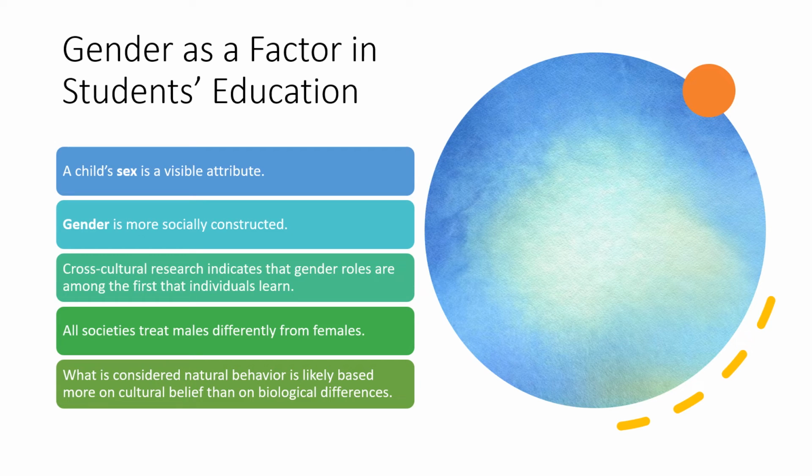It therefore follows that what is considered natural behavior is likely based more on cultural belief than on biological differences. So the question we're trying to get at here is, do little girls play house with dolls because they're naturally more nurturing, or because it's been taught from very young ages? We're talking 2 years old, for example, that's the role they're supposed to play.